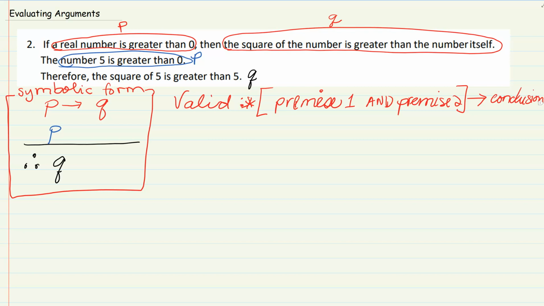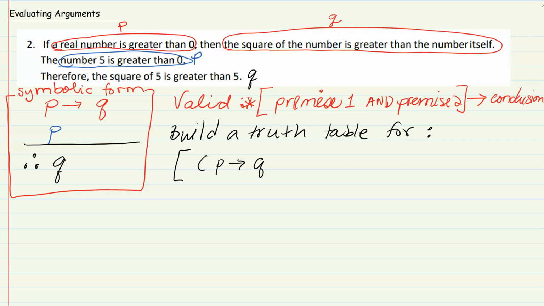So what statement do we need to build a truth table for? We need to build a truth table for premise 1, which would be P then Q, and premise 2, which would be P. Sorry for that.